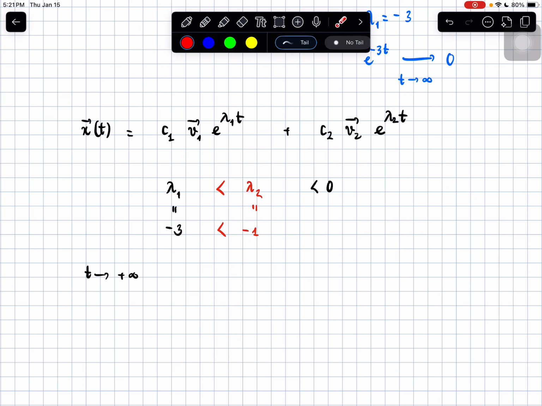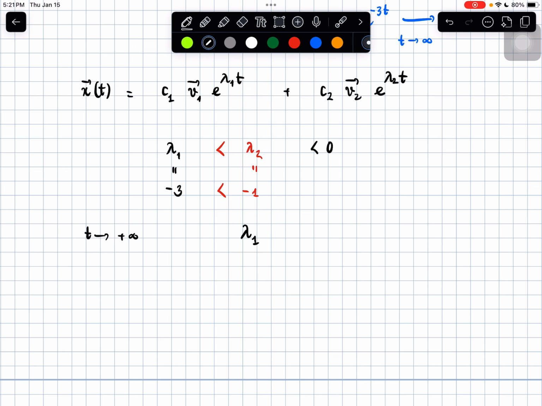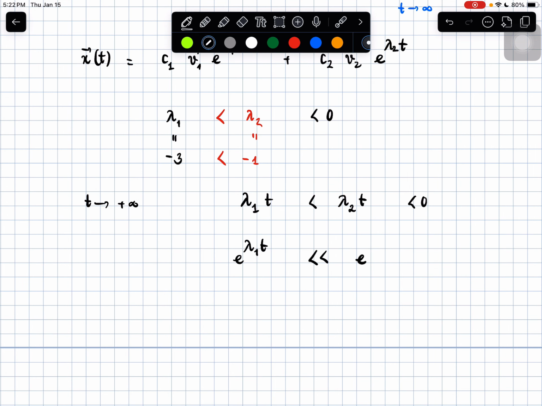Since lambda 1 is less than lambda 2, lambda 1 t is less than lambda 2 t, still less than 0. e^(lambda 1 t) decays very, very fast compared to e^(lambda 2 t).